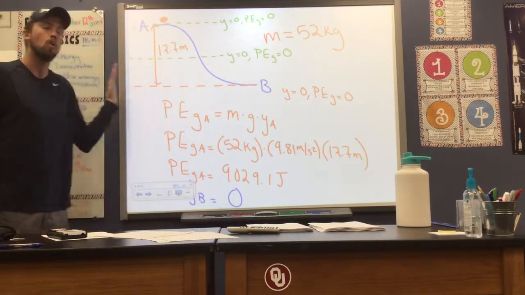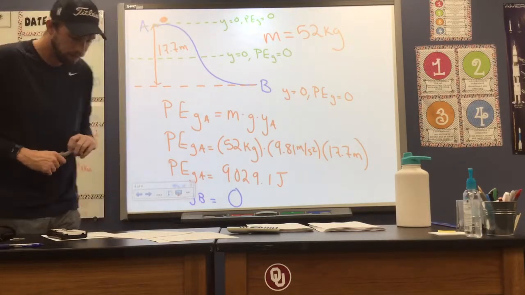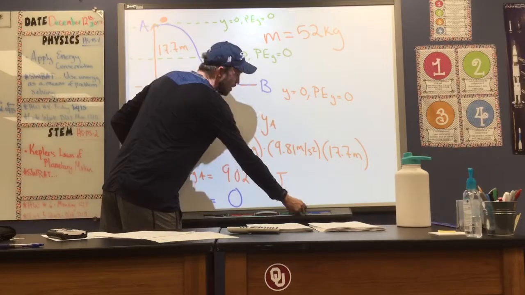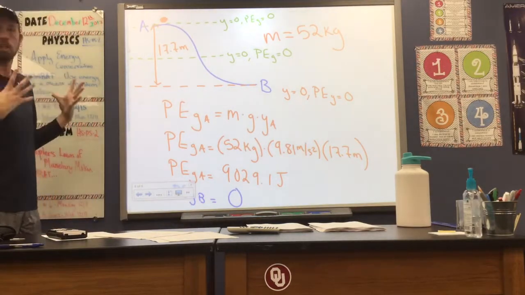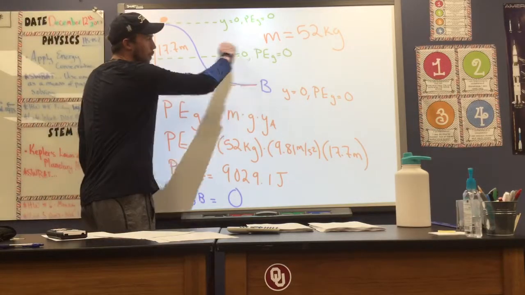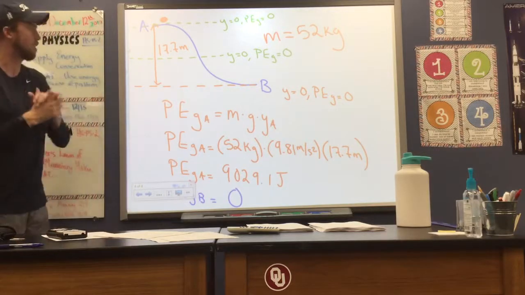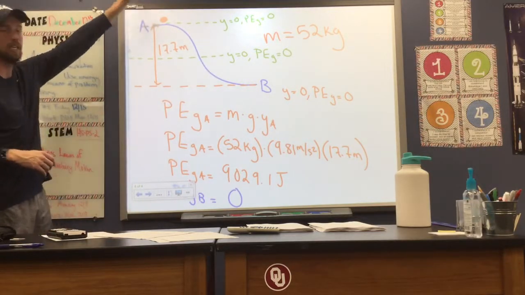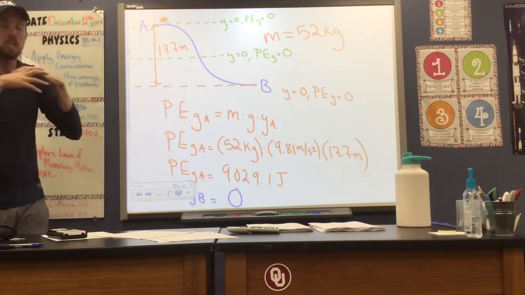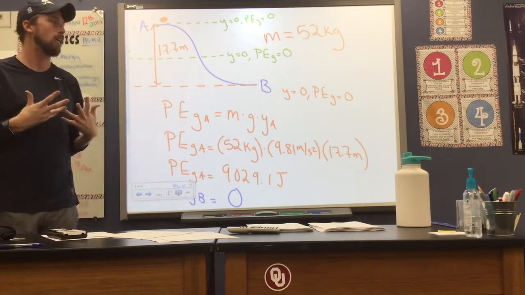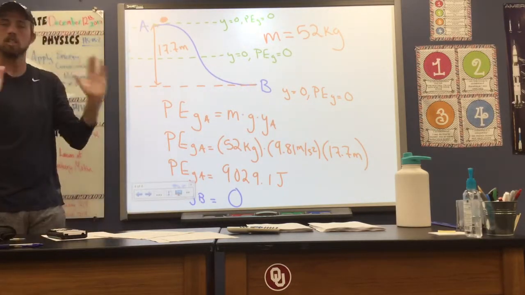It's really asking us for the difference between points, from A to B. And again, our difference really isn't going to change, because regardless of where we define that 0 point, the mathematical calculation is all going to remain the same. Our object remains the same, its mass, g remains the same, and the difference between our points is, again, going to remain the same. So regardless of where we define that 0 point, the difference in potential energy isn't going to change.